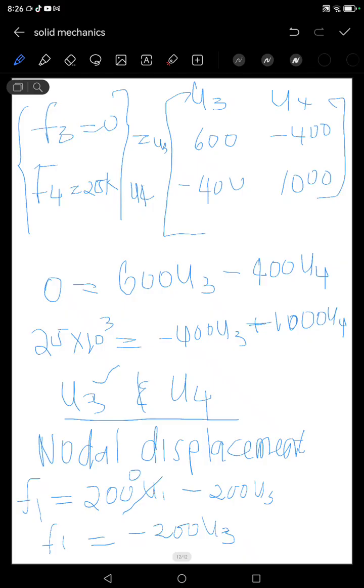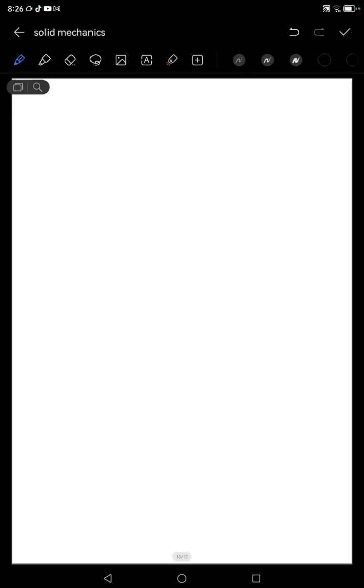Okay, so if the nodes are connected to the wall, just know that node 1 or node 2 is going to be 0, or node 3 is going to be 0 if it's connected to the wall. Okay, guys, and then if you are given springs in parallel or in series, let me say something like this.